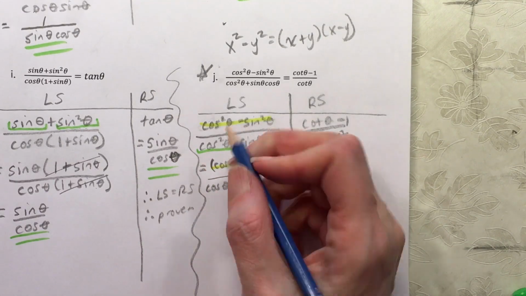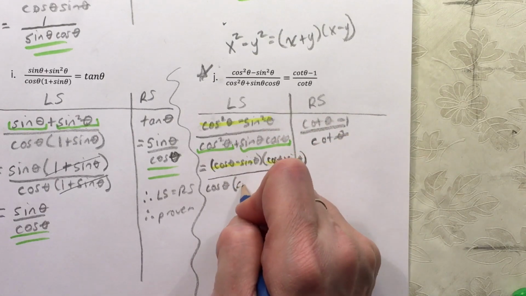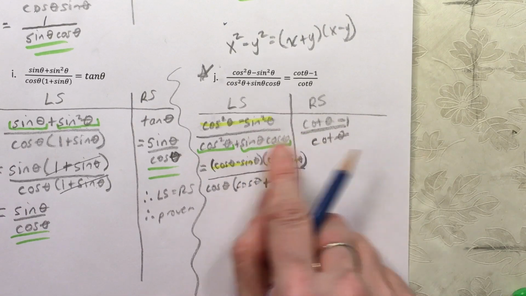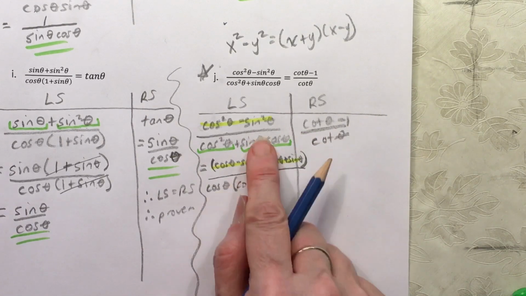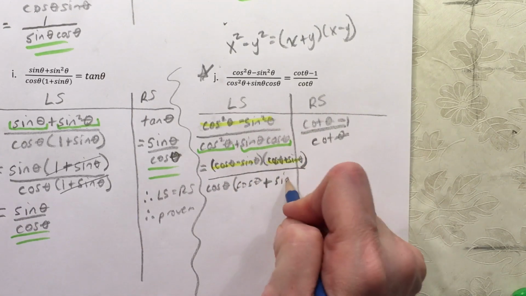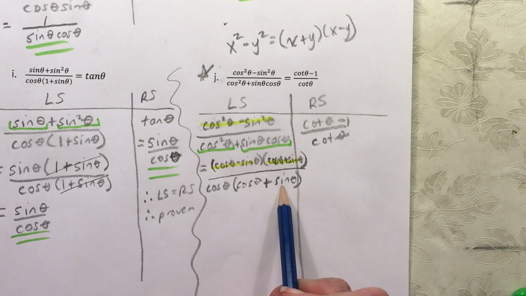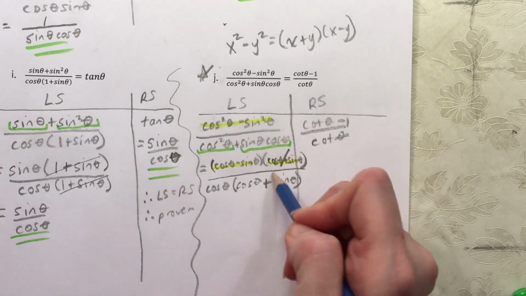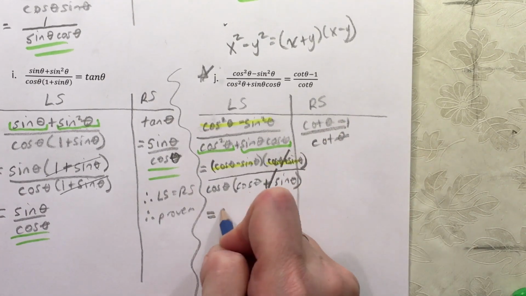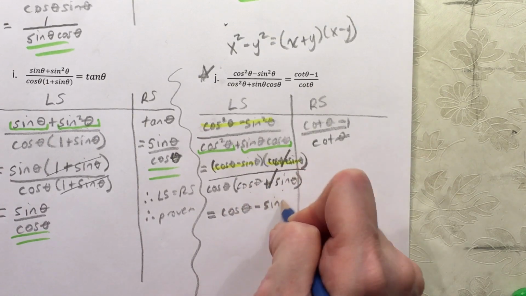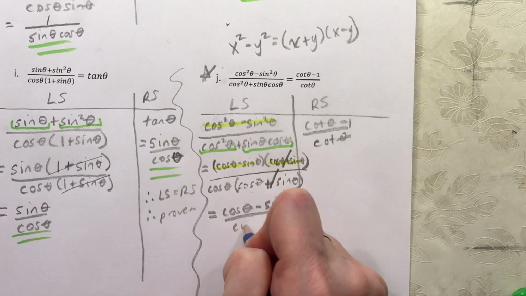Cos squared theta by cos theta gives me cos theta plus sine theta cos theta divided by cos theta gives me sine theta. And then I have a binomial bracket cos theta plus sine theta in the denominator and in the numerator, so they can cancel out, which gives me cos theta minus sine theta over cos theta.